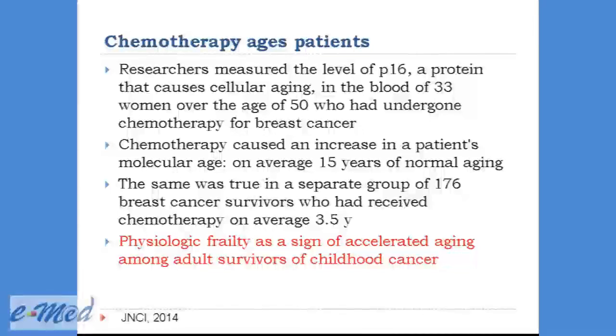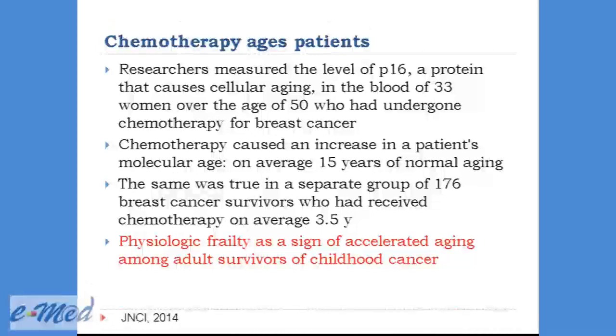A recent paper published in JNCI summarized the known data about chemotherapy, and you can see that based on molecular markers like P16 and other clinical and physiological markers, we can summarize that chemotherapy causes an increase in patients' molecular age, more or less about 15 years more than normal aging.